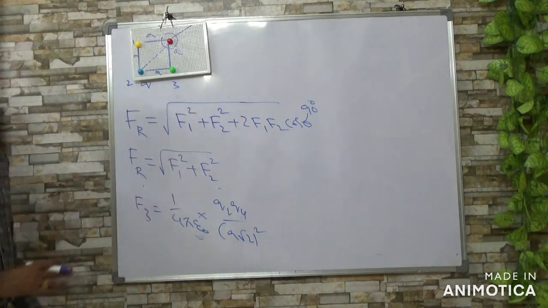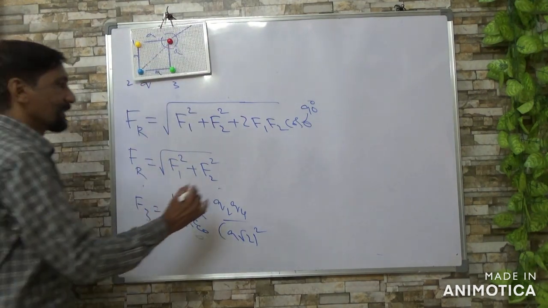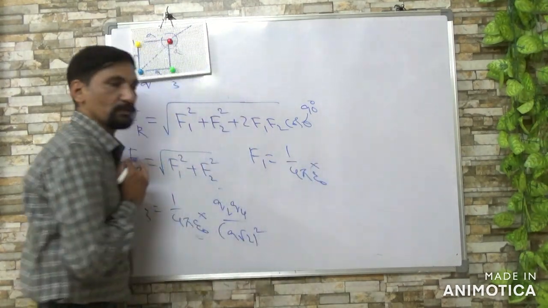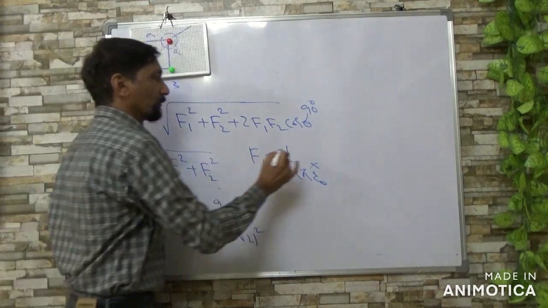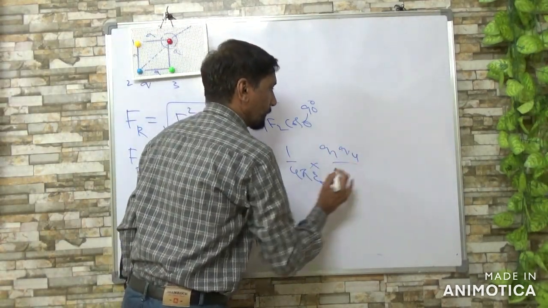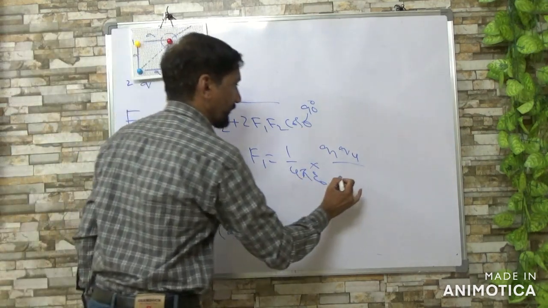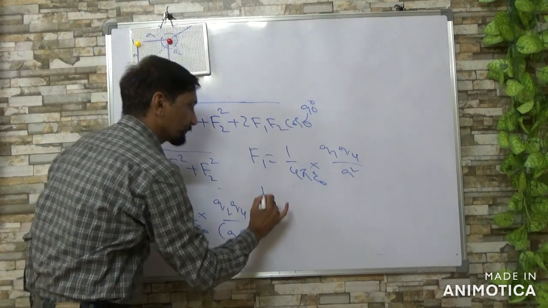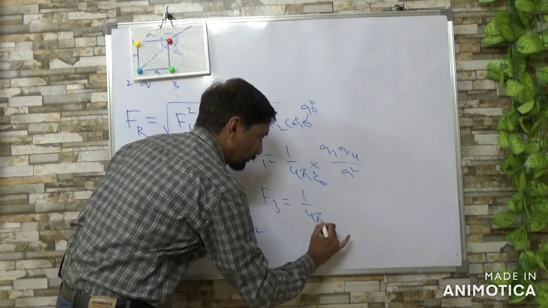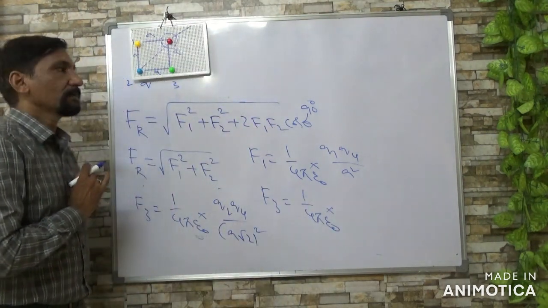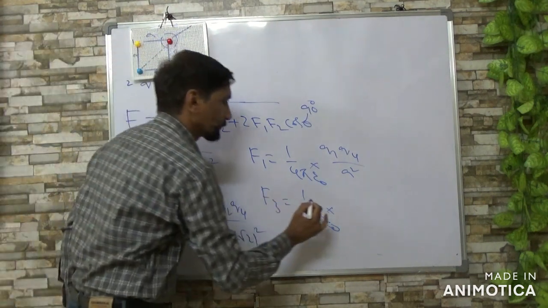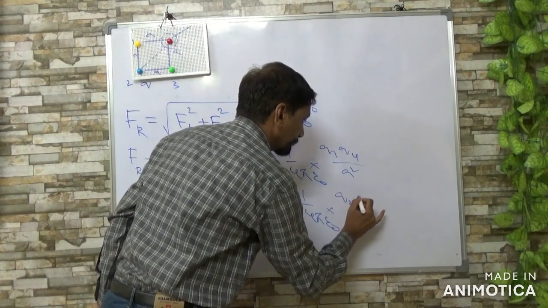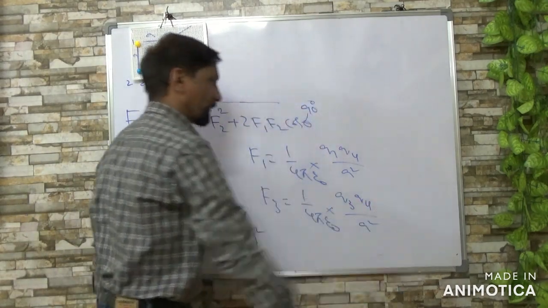Here F1 and F2 you have to find separately. How do you find F1? It is 1 by 4 pi epsilon naught, Q1 Q4 by separation A square. Next, about these two, F3 is 1 by 4 pi epsilon naught, Q2 Q4, and for this one, Q3 Q4 by A square.